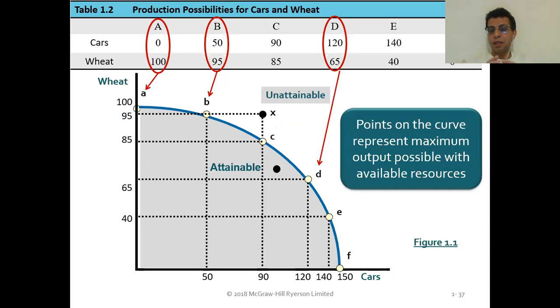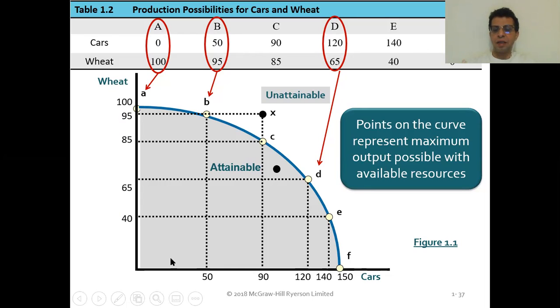The way you look at it is this: let's say a country X can produce 100 tons of wheat and 150 cars. If they decide to produce only wheat, they will be producing at point A, which is 100 wheat and 0 cars.